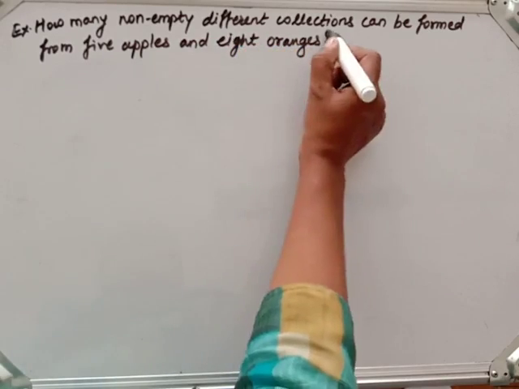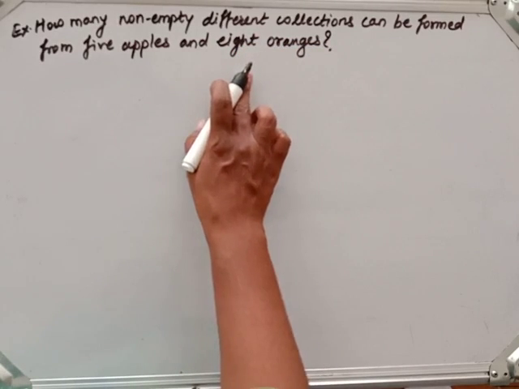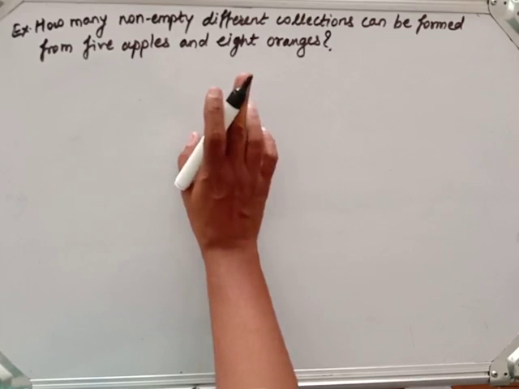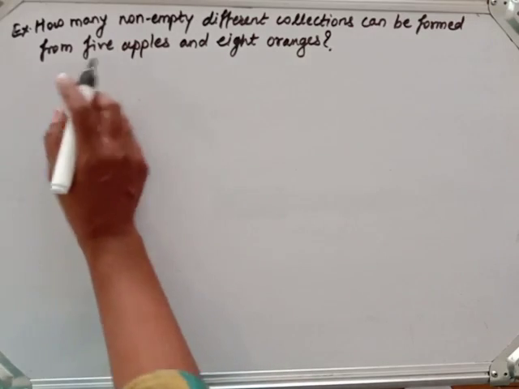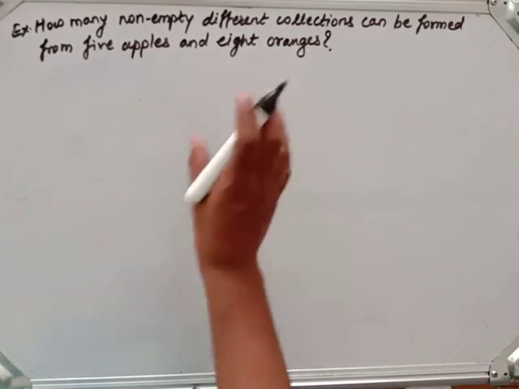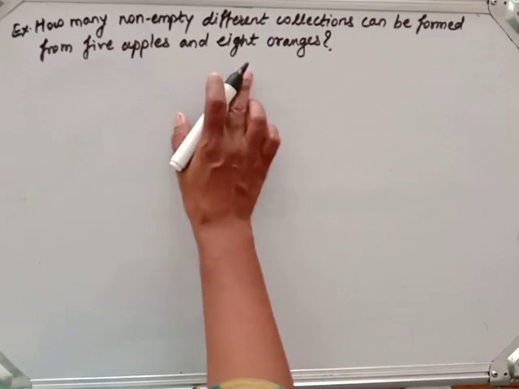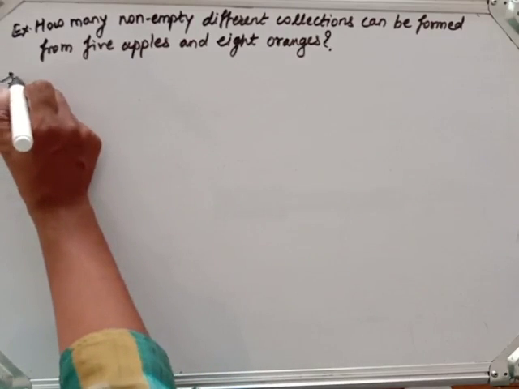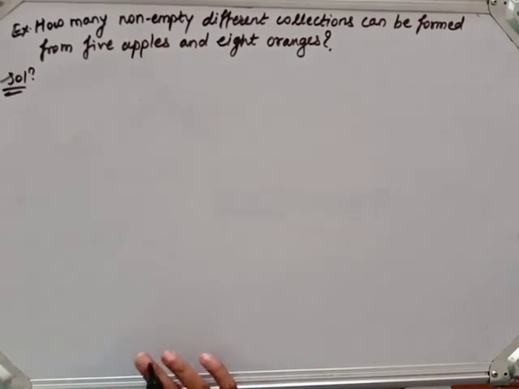Here obviously the apples and oranges are identical in shape. So we have to collect apples and we have to collect oranges, among these 5 apples and 8 oranges. First of all we should give numbers to these apples and oranges.